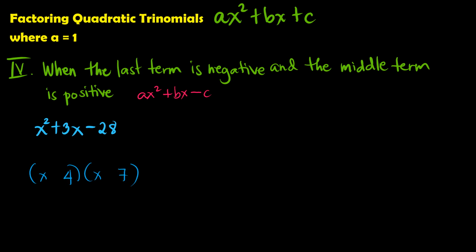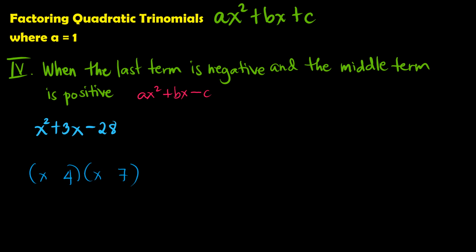Basta tama yung magiging output nila, yung resulting values when we multiply and yung resulting answer when you add. So, ngayon, kagaya ng concept kanina, kay condition number 3, kapag negative yung constant, yung last term, titignan si middle term. Kung ano yung sign ni middle term, palaging mapupunta sa mas malaking number.